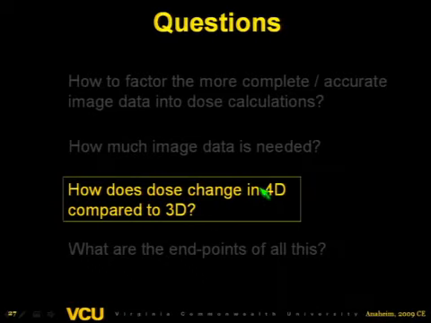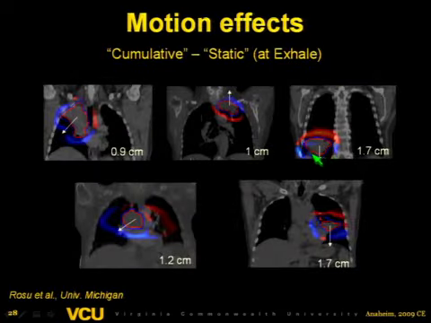So let's now look and see how dose changes in 4D compared to 3D dose computations. The images shown here are displaying dose differences between a full 4D dose computation and the so-called static dose computation that was performed on the exhale dataset.